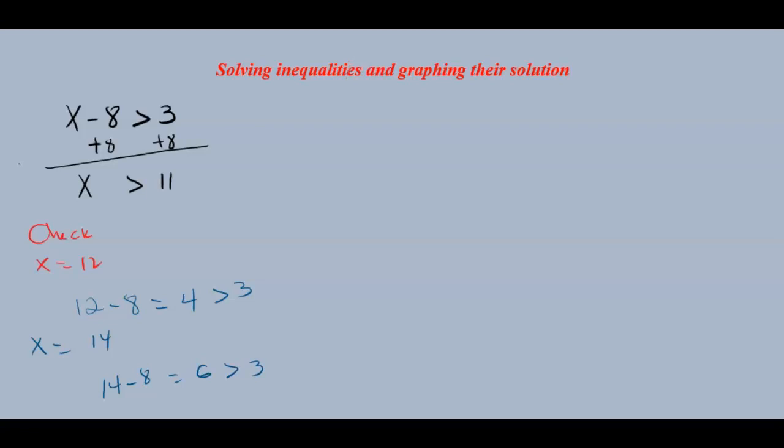What if x is equal to 10? Now we choose a number that is less than 11. 10 minus 8 is equal to 2, which is not greater than 3.